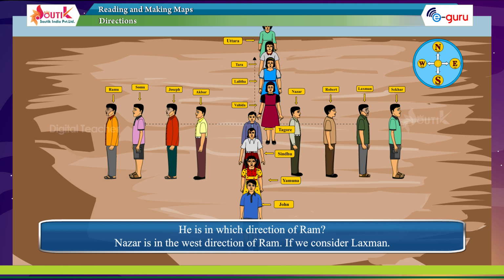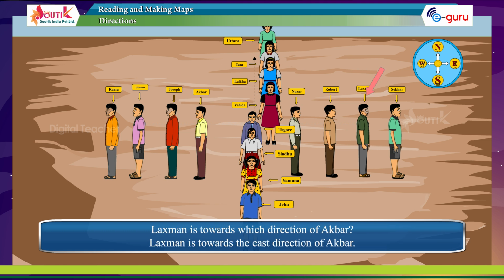If we consider Lakshman, Lakshman is towards which direction of Akbar? Lakshman is towards the east direction of Akbar. Lakshman is in which direction of Shekhar? He is in the west direction of Shekhar.